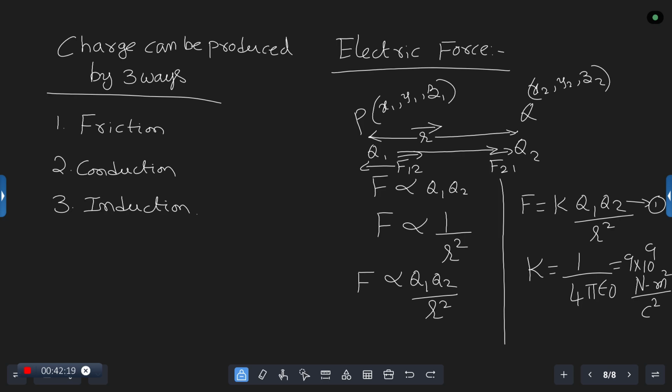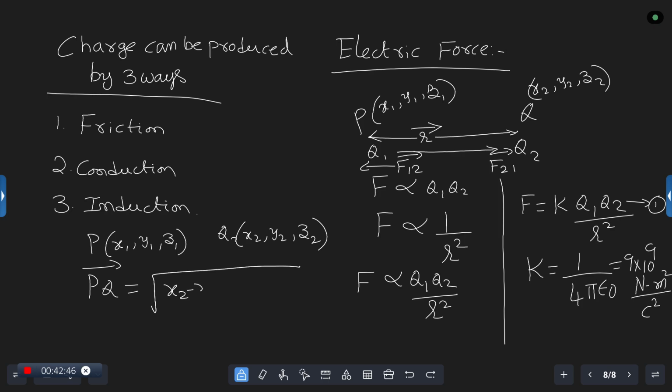So you know that if 2 points P equals x1, y1, z1 and Q equals x2, y2, z2, the distance PQ bar equals what? PQ bar equals square root of x2 minus x1 whole square plus y2 minus y1 whole square plus z2 minus z1 whole square.